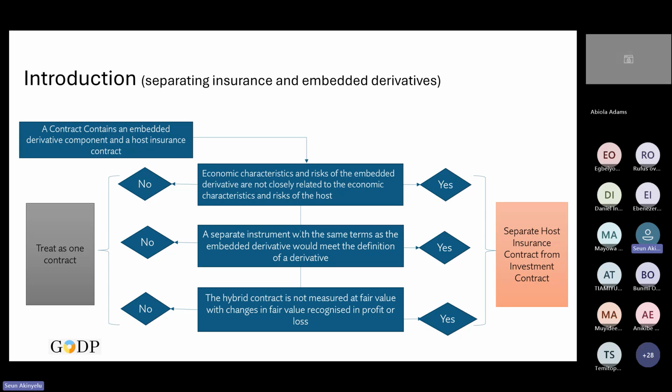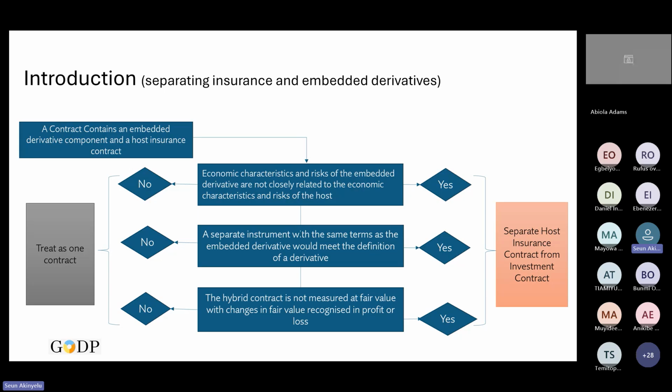Now, another thing you need to look at is, is there a separate instrument with the same terms as the embedded derivative, which would meet the definition of a derivative? Meaning that beyond that particular insurance, is there an instrument there that will meet the definition of a derivative? Like someone explained a derivative to me once.